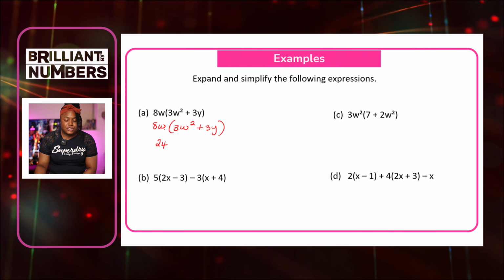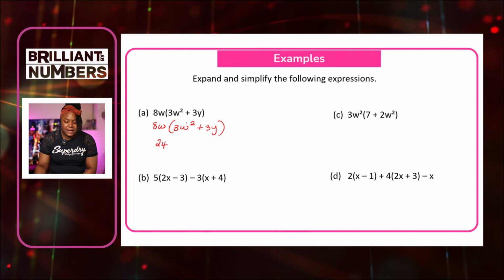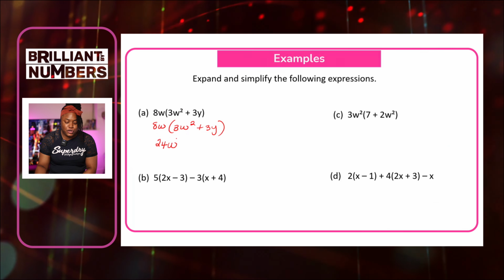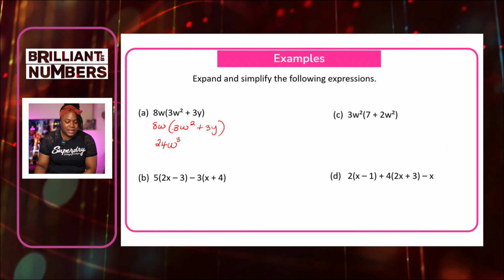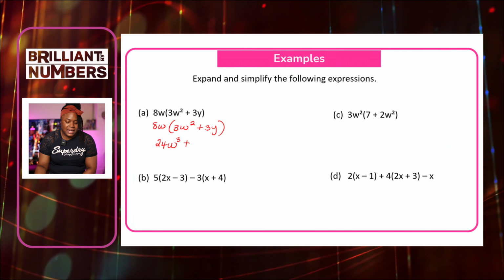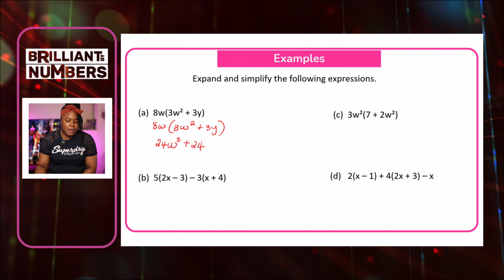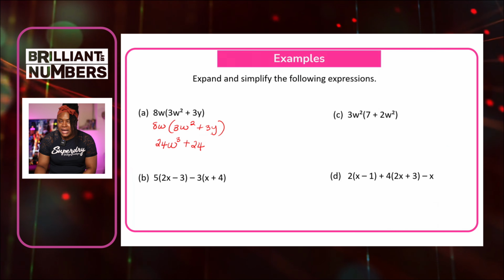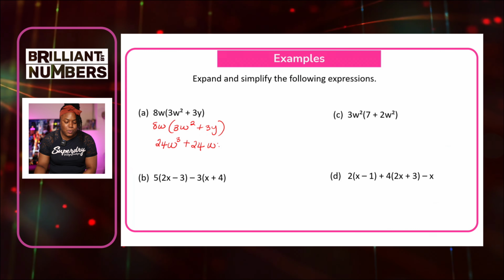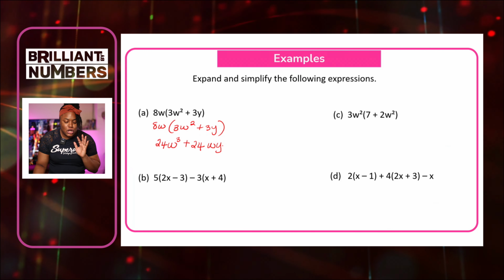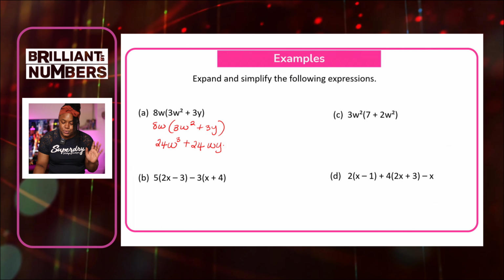And then w times w squared gives me w cubed. Very important to note that. So I've got a plus here. So 8 times by 3 again, that's 24. But w times y gives me wy. So in this question, no like terms as well.